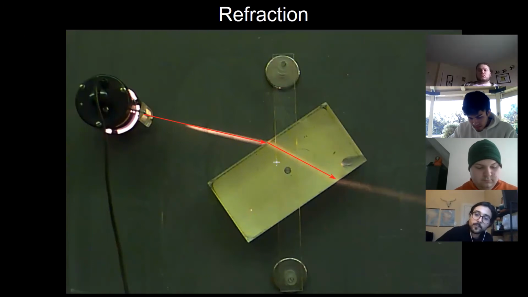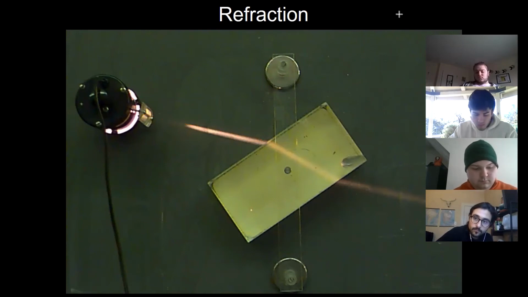Refraction is where it bends kind of down and to the right, or towards the normal, as they say. When it exits the glass, it bends again slightly to the left. Refraction is responsible for a whole variety of different optical effects when you pass light through glass.